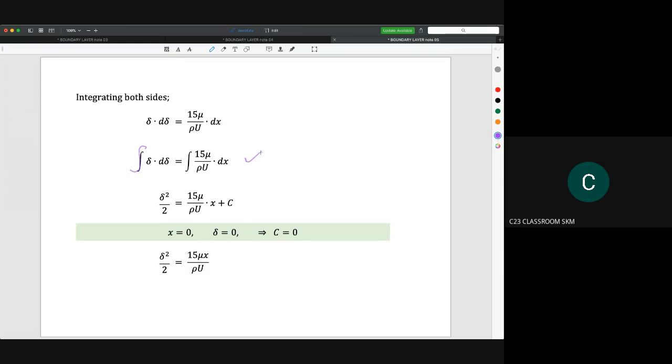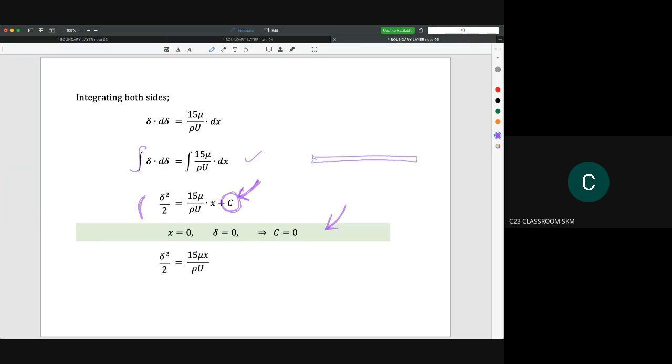The integration of delta d delta gives us delta square over 2, and the integration of 15 mu over rho u gives us 15 mu x over rho u plus c. Please do not forget to add this constant. Then we need to check whether the value of c exists or is 0. We substitute the boundary condition at x equal to 0.